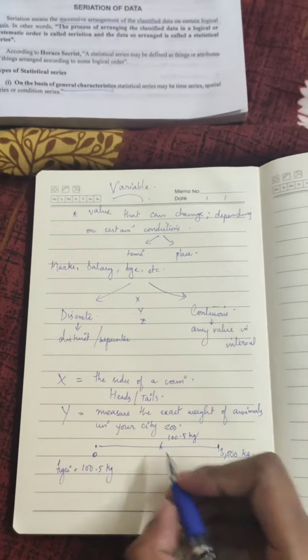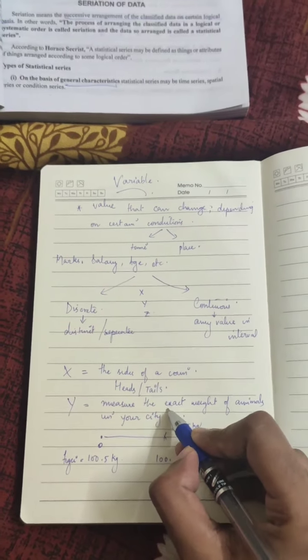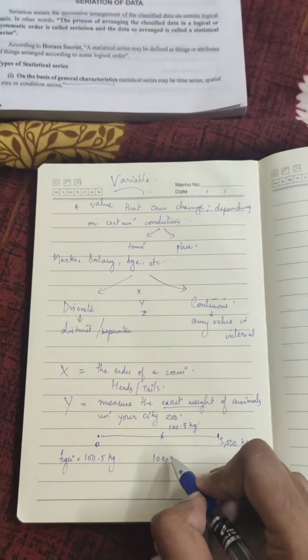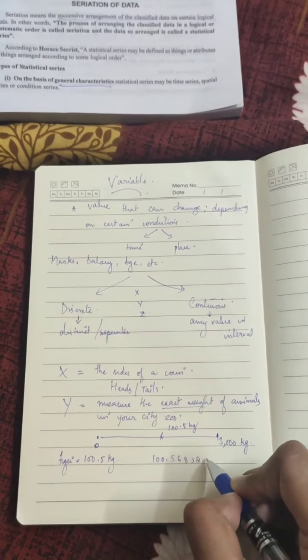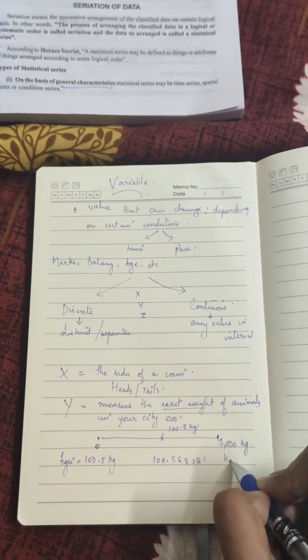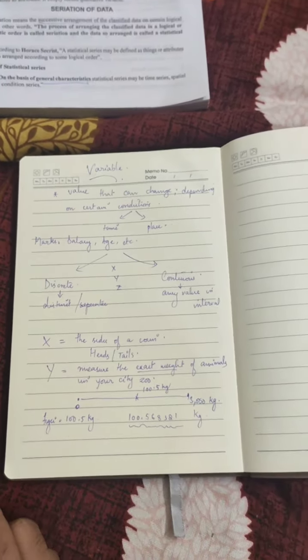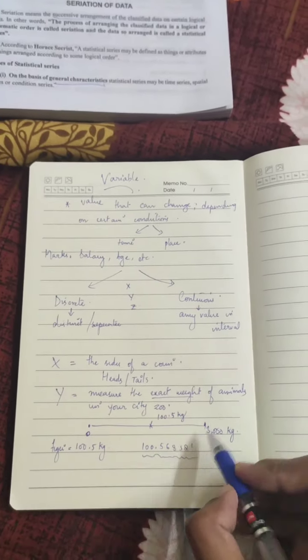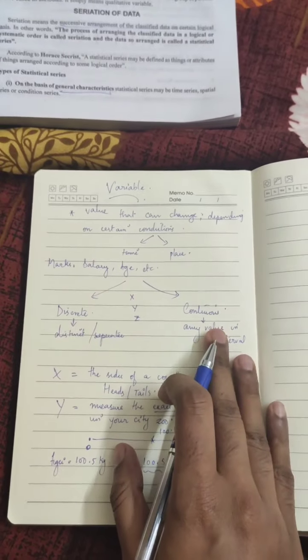Because when somebody asks for the exact weight of the animal, it could be 100.5, 6, 8, 3, 2, 1, and it goes on. So there is this difference in the value of your variable, and such a value is known as a continuous variable.